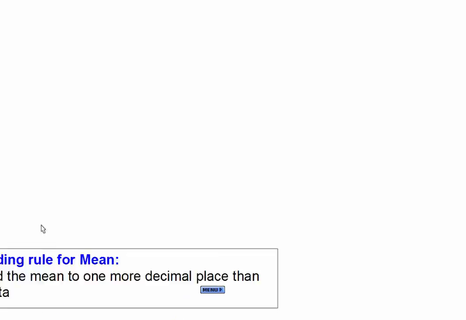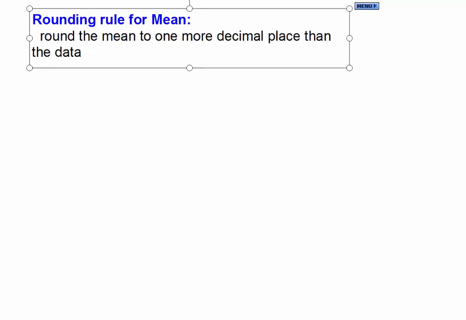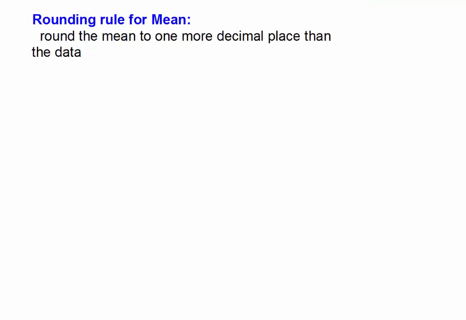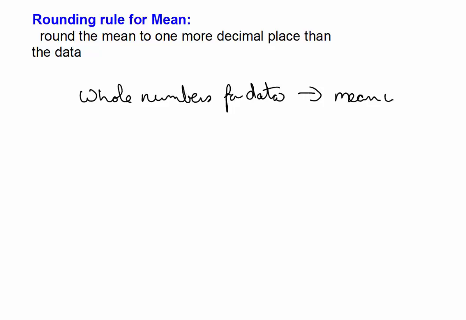And so the rounding rule for the mean is we round the mean to one more decimal place than the data. What this is referring to is if we have whole numbers, like we did on the last one, for the data, then we round our mean. The mean will have 1 decimal place.